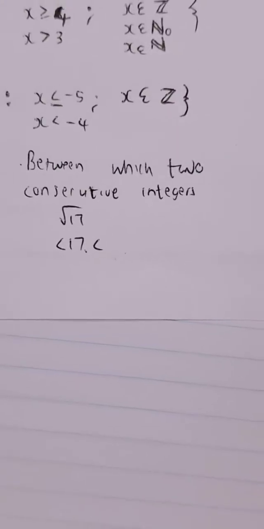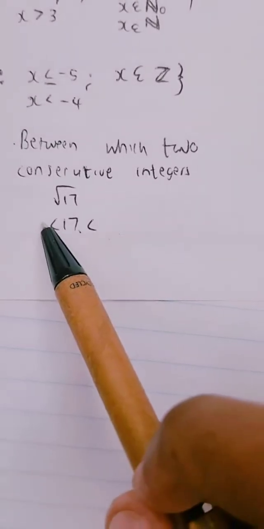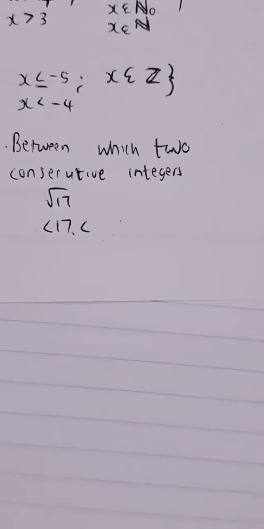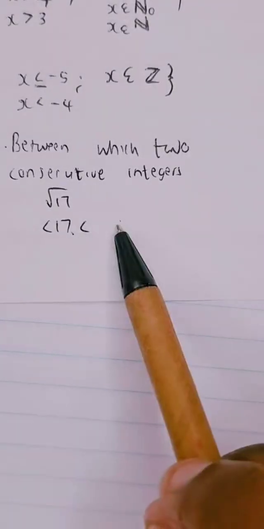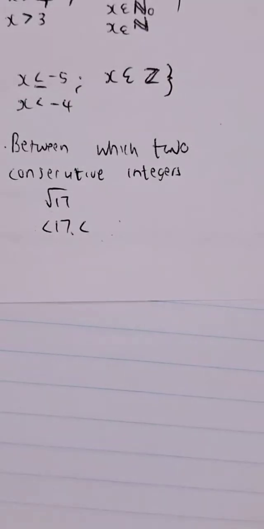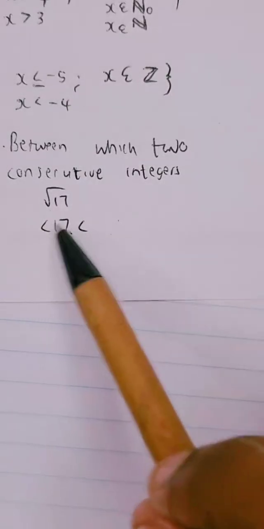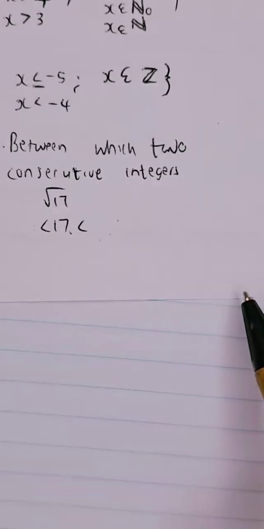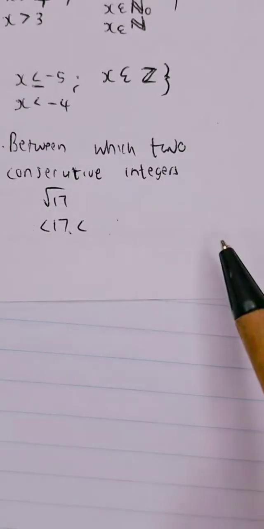So can you guys give me perfect square numbers on either side of 17? One immediately before 17 and one immediately bigger than 17. So that I can put all of them under a square root and then get the two integer values between.